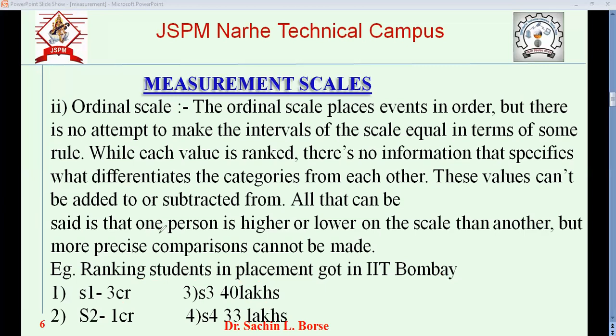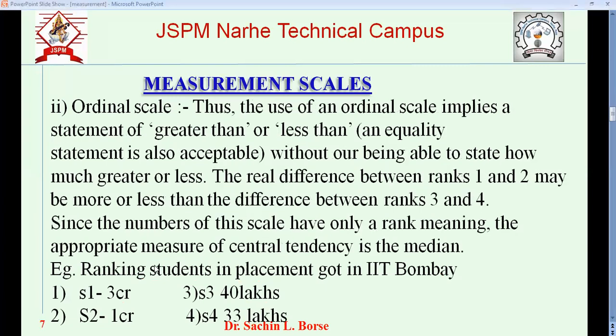So we cannot do arithmetic here, like addition and subtraction, because we don't know the difference between the two values. The use of ordinal scale simply implies greater than or less than.